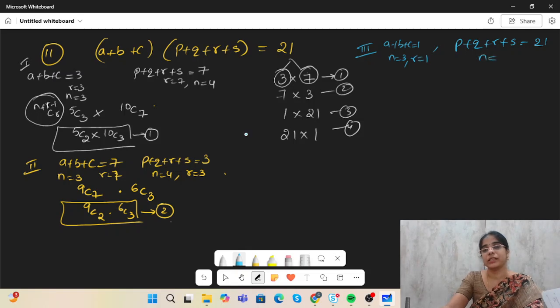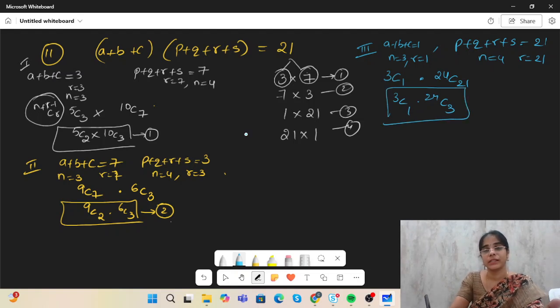Here n is 4, r is 21, right? Just apply multinomial, n plus r minus 1. 3 plus 1, 4. 4 minus 1, that is 3. So that is your 3C1 from this case times n plus r, 25. 25 minus 1, that is 24C21. You can still write it to be 3C1 times 24C3. Right? That will be your third case answer.